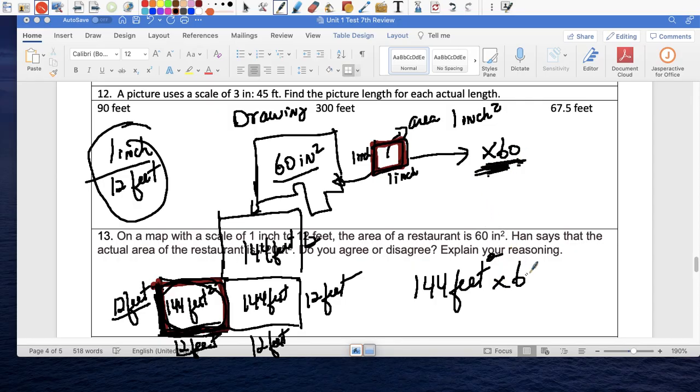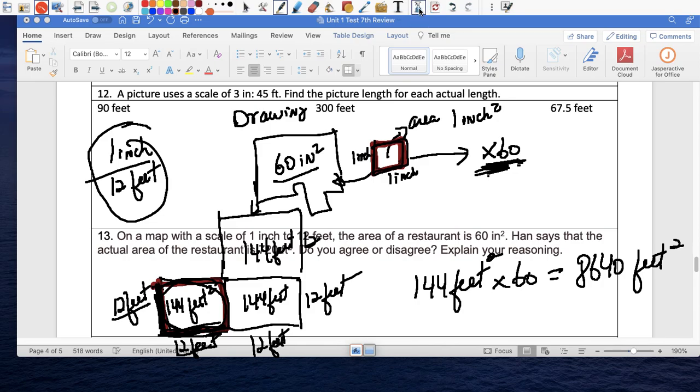We multiply that times 60. 144 times 60, the area of that restaurant, oh geez, is 8,640 feet square. It's not a restaurant, it's like a mansion. It's huge. Well, I take that back. Not huge. It's a very good sized restaurant.